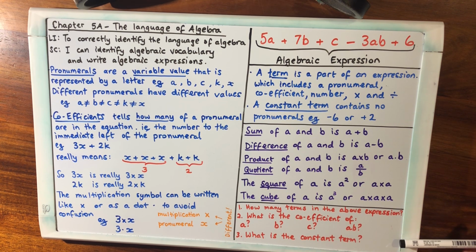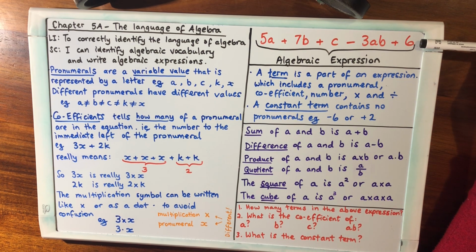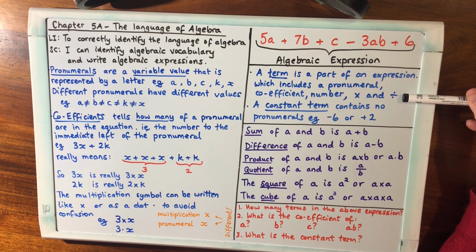Let's look at a few questions. Question number 1, how many terms in the above expression? So if we look at this expression up here, how many terms can you identify? Well, remember, a term is a part of an expression which includes a pronumeral, coefficient, number, multiplication symbol, or a division symbol.